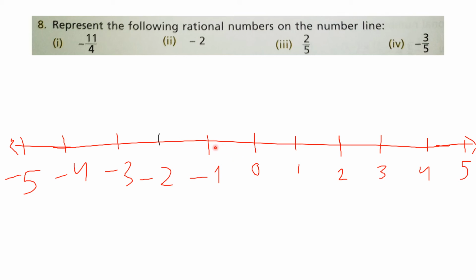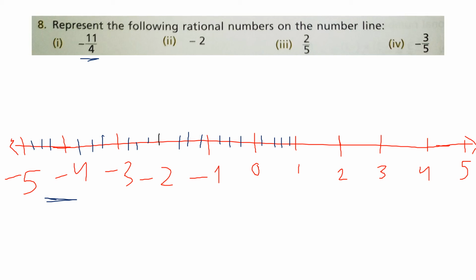So you have to divide each interval into 4 parts because the denominator is 4 here. So if we divide this interval into 4 parts, 1, 2, 3, 4, we have 4 parts. We have divided each interval into 4 parts, because the denominator was 4 here.